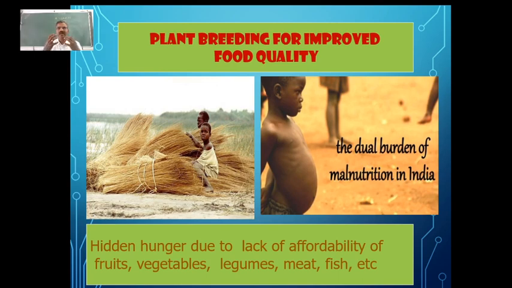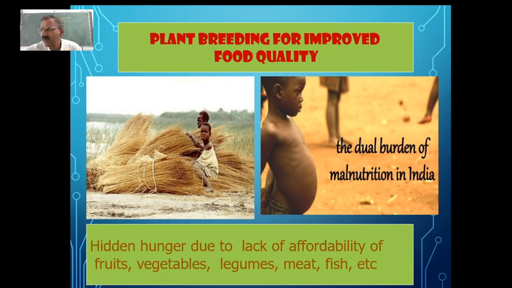And not getting enough amount of food due to many reasons results in hidden hunger. And hidden hunger is due to lack of affordability of maybe many vegetables, fruits, legumes, meat, fish and other things.